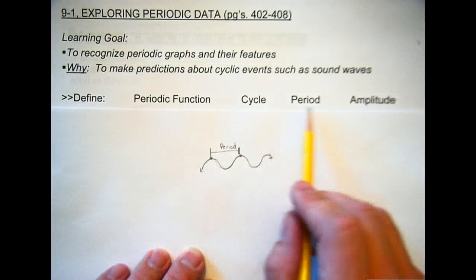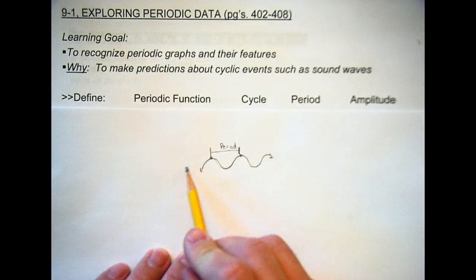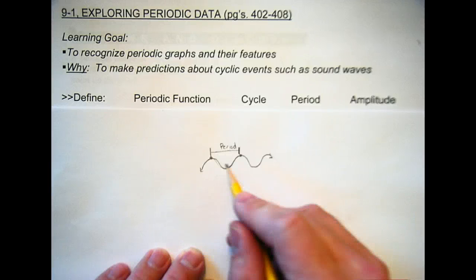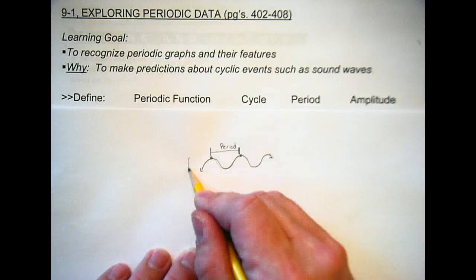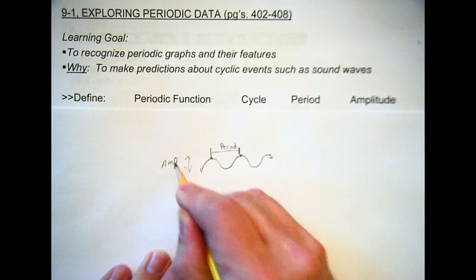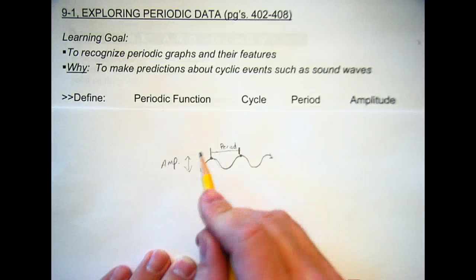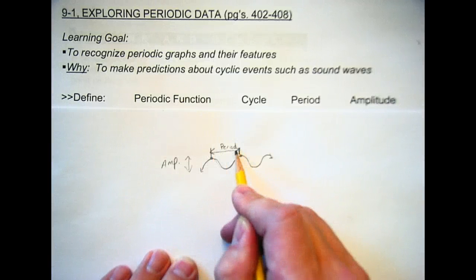All right? Amplitude. Riley? Good. All right, so half the distance between the maximum and minimum. So an amplitude deals with y, whereas period deals with x. Okay, you're looking this way, we're looking at an x value.